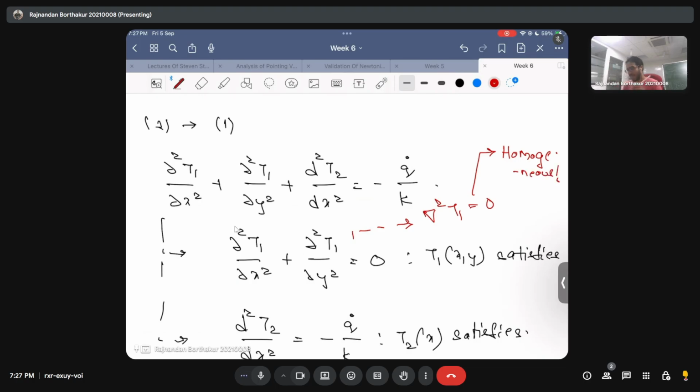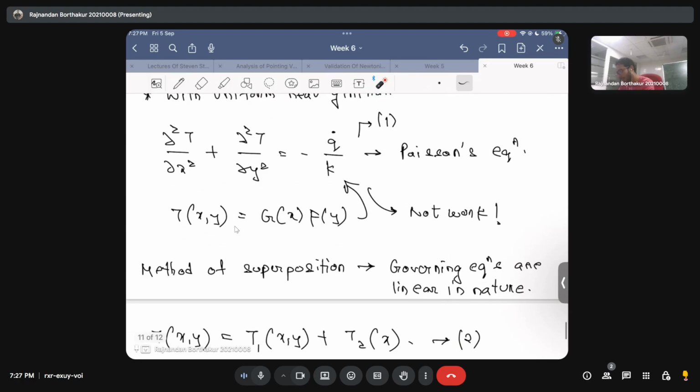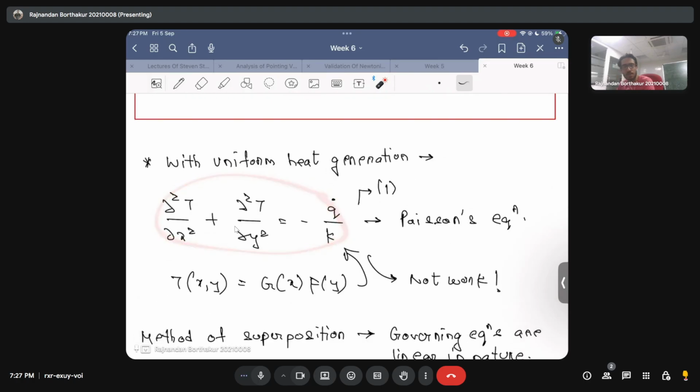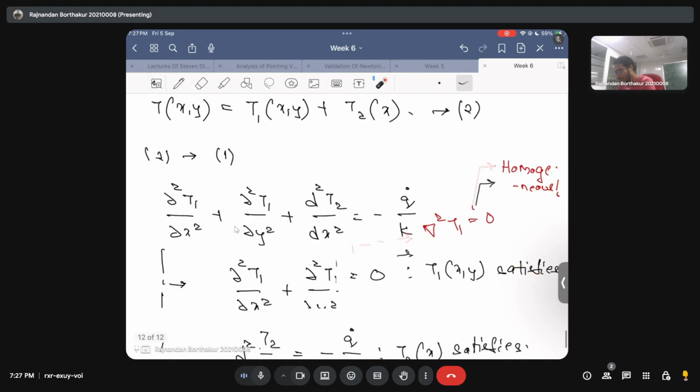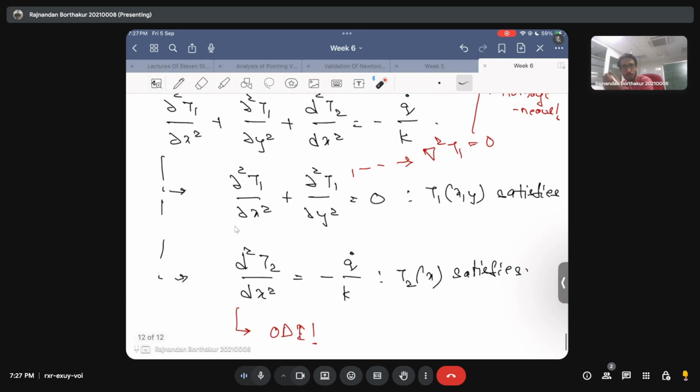So using this form, which is known as the method of superposition, you have essentially converted a non-homogeneous linear PDE into two equations: a homogeneous linear PDE and a second order ODE, which is again linear.